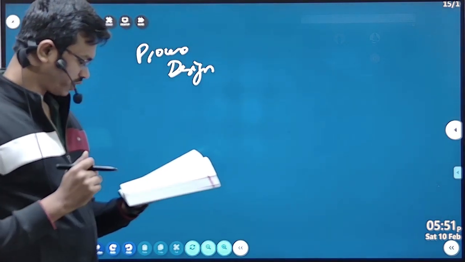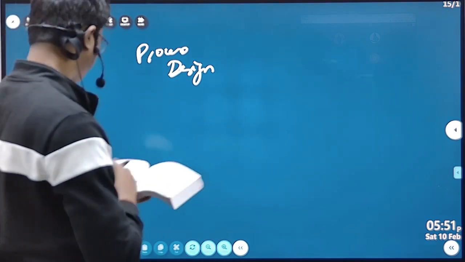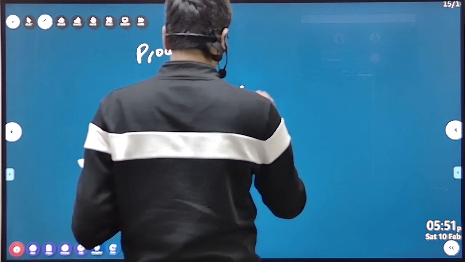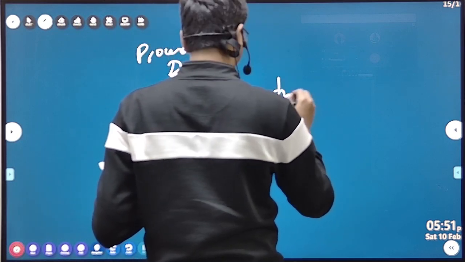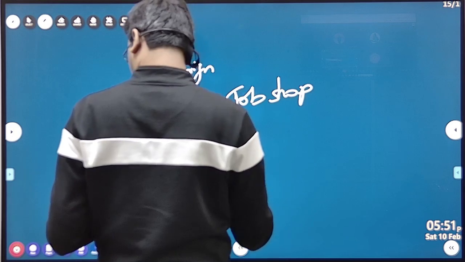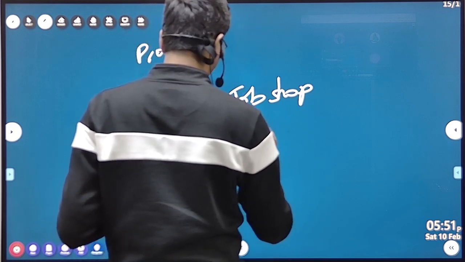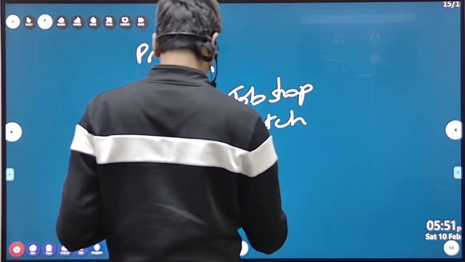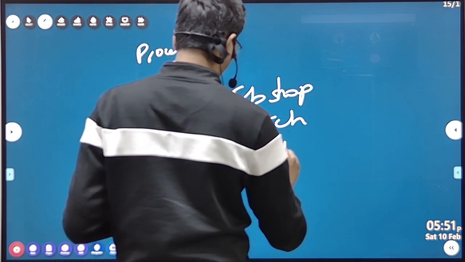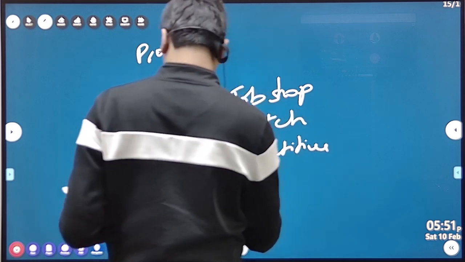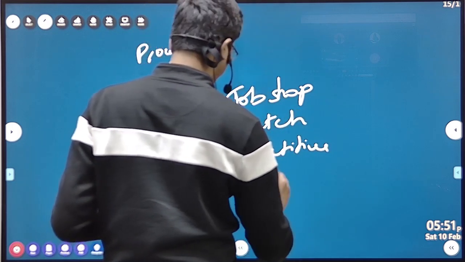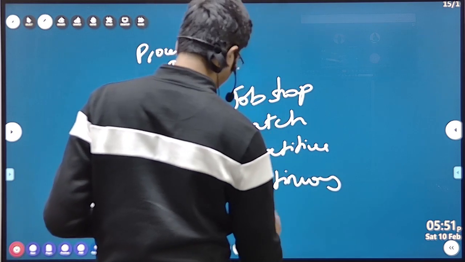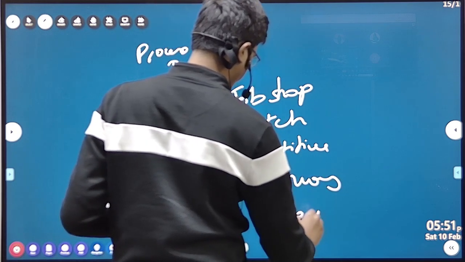Okay, so here he says the basic 5 types of processes. One is job shop process, batch process, repetitive process, continuous process, and project process.